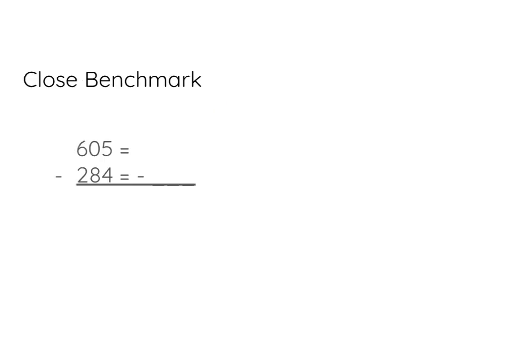All right, let's try another one. 605 minus 284. We're going to do it first as a close benchmark. So 284's next 10 is 290. All right, we need to rename it. We need to get all the way to 605.